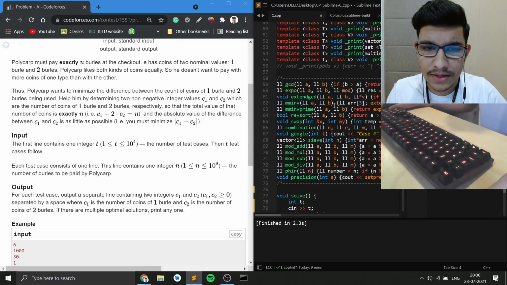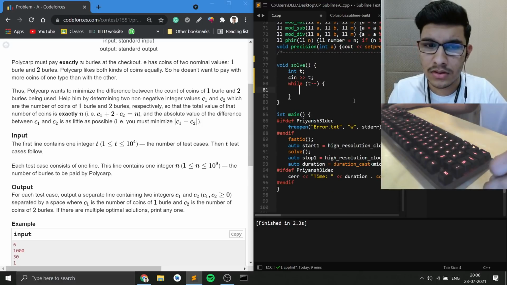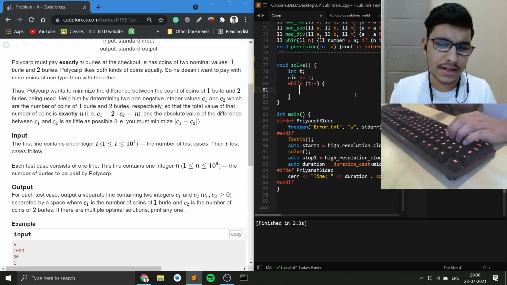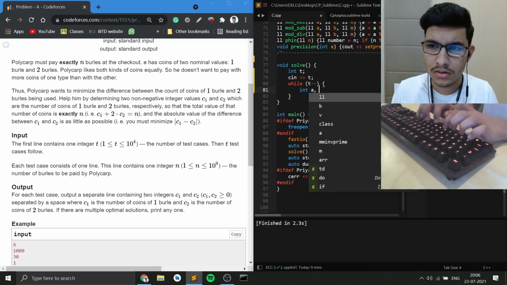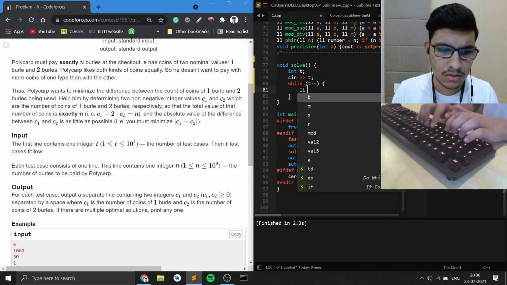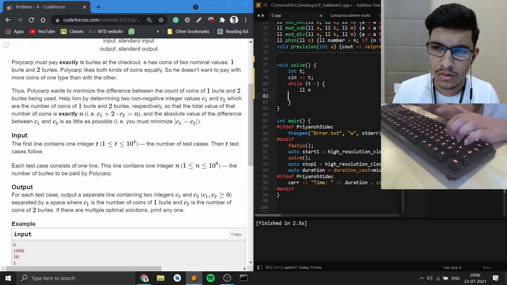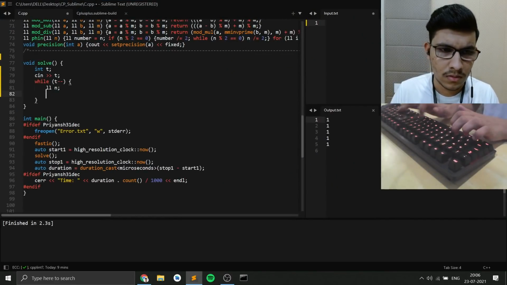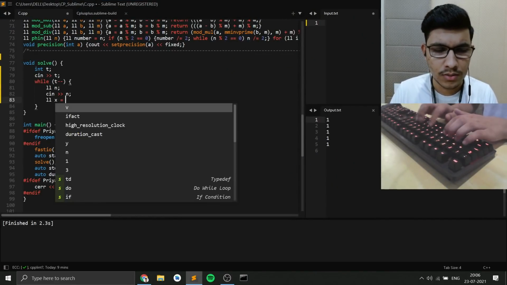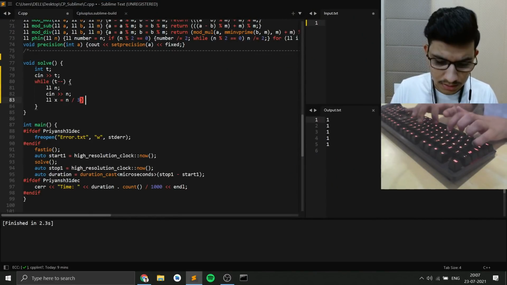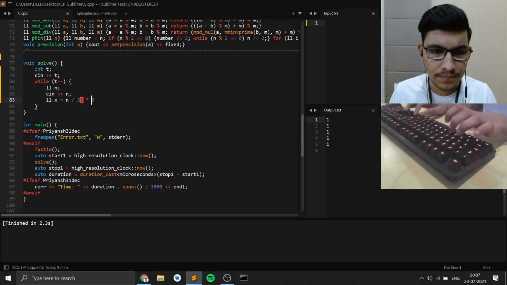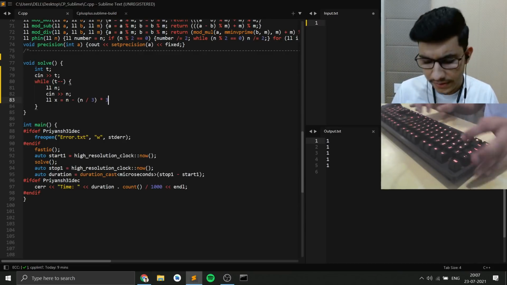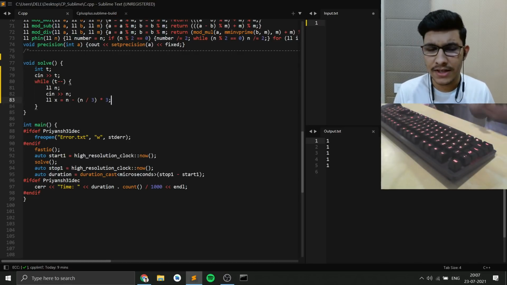So this x will be basically n minus n divided by 3 times 3. If we have c1 greater than c2, then this will be the difference.